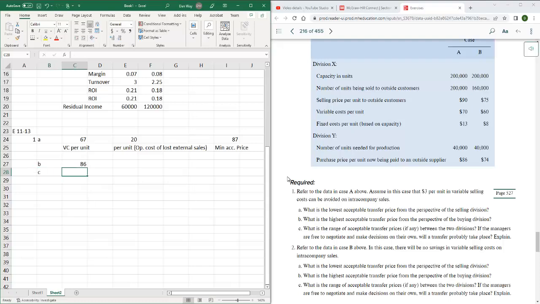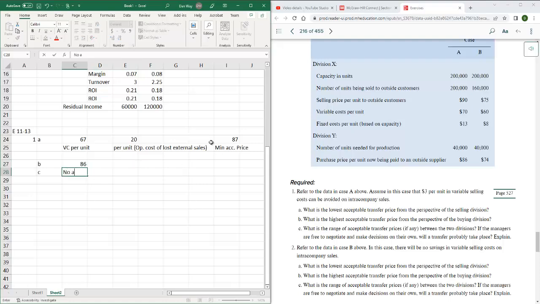Now C said what's the range of acceptable prices, if any, between the two divisions? If the managers are free to negotiate, will a transfer take place? Well, Division X has a minimum acceptable transfer price of $87. Otherwise, it's better for them to sell all their units to the outside customer. Division Y has a maximum price of $86. So there's no overlap between the two. 86 doesn't meet 87.